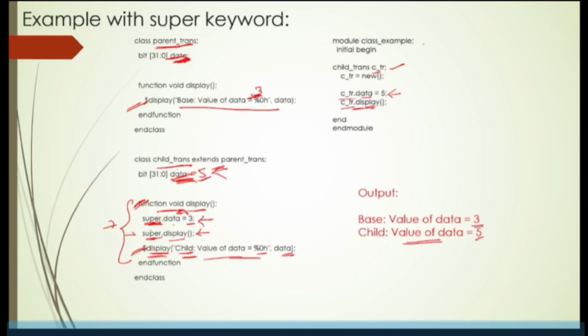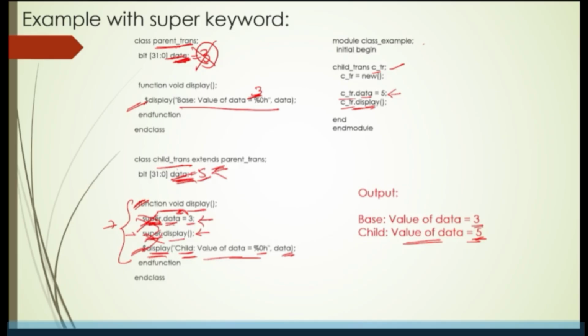Got my point? If you are not using this super dot display, then what happens? Even if you give the value as 3 here, this value is overridden as 5 if you are not using the super keyword. Since you are using the super keyword, you can access the parent class properties also within your child class.